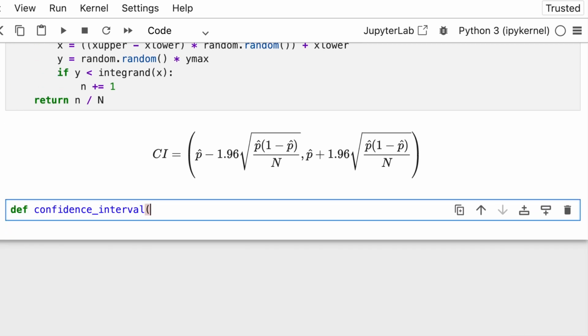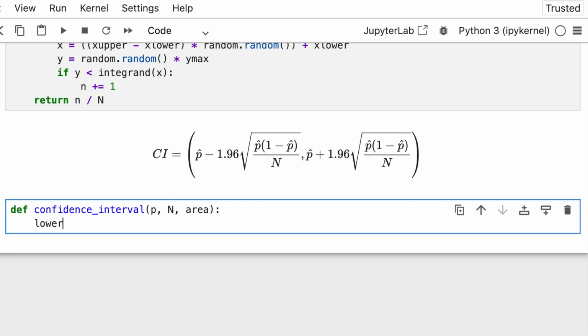This function will take in the estimated proportion, P, and the number of samples, N. Remember that this confidence interval gives us the confidence interval for the proportion. We would like the confidence interval for the integral, which is the proportion scaled up by the area that we sampled from.